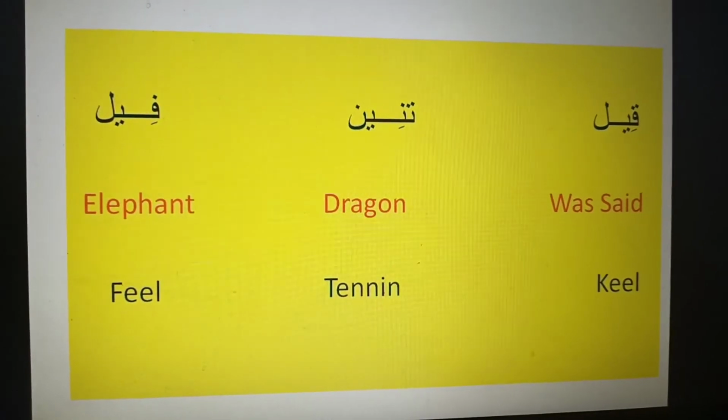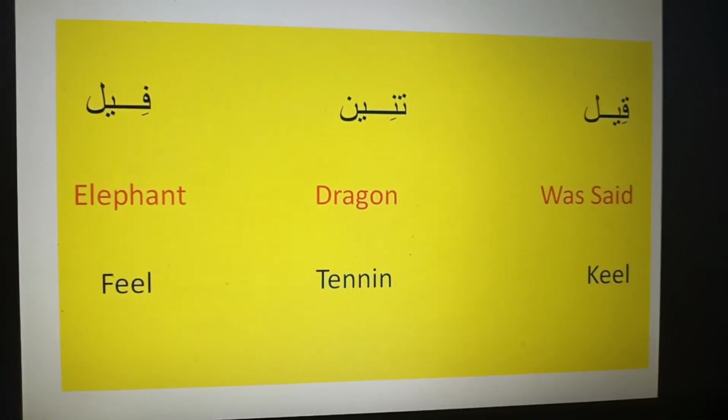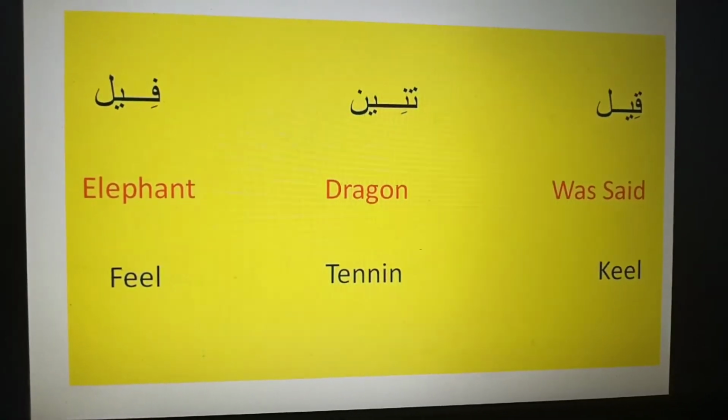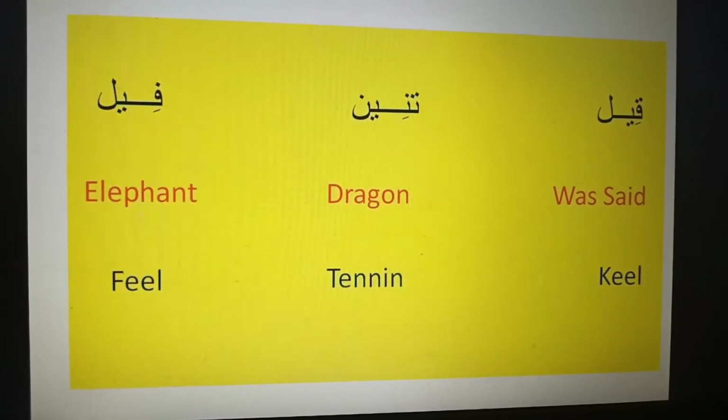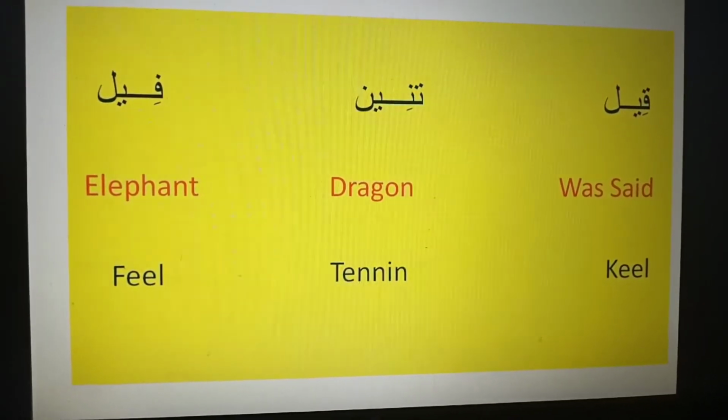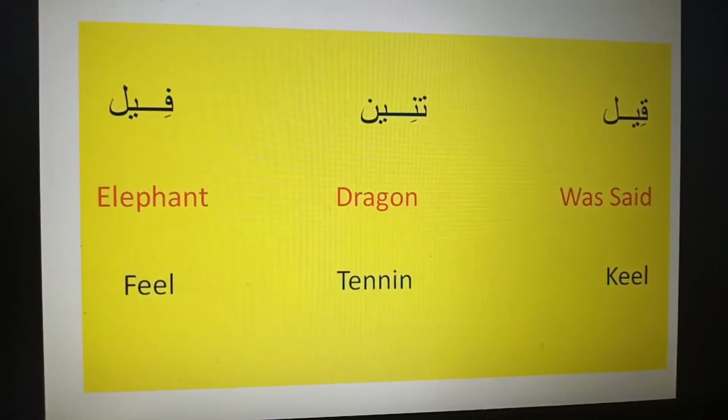Let's see the tinin, which means dragon. So it consists of 4 letters. First one is T, and the second letter is Noon. Noon has kasra below it.